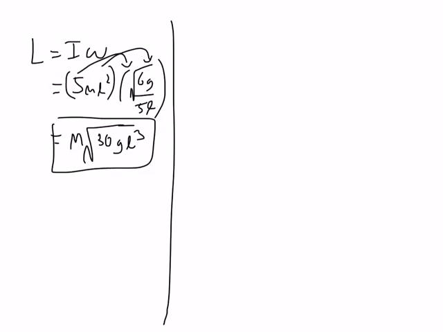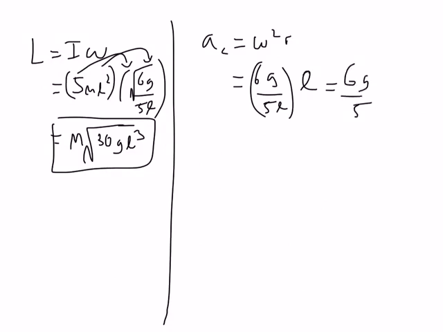So we're going to be involving a centripetal acceleration, and we calculated omega, so I'm going to use omega squared r. Sorry, not mass, I combined it with force already. So we just found omega. This will tell us the acceleration the bug has to have at that moment to stay on the sphere, basically. So this is 6g over 5L times L, so 6g over 5.